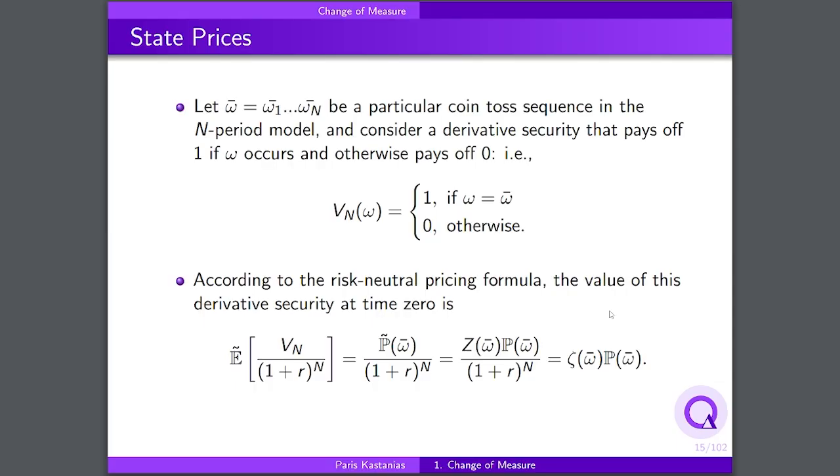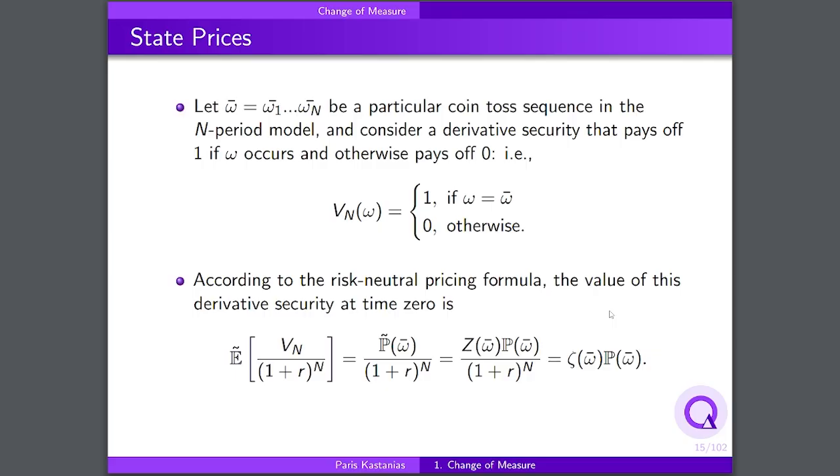Let omega bar equal omega 1 up to omega n with a bar on top. Let that be a particular coin toss sequence in the n period model. Then consider a derivative security that pays off 1 if omega occurs and otherwise pays off 0.